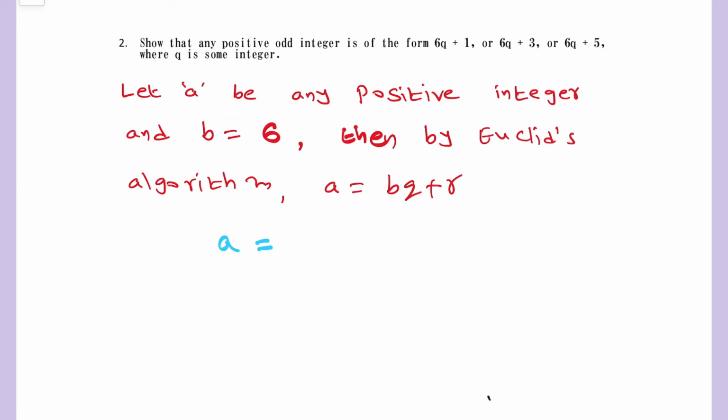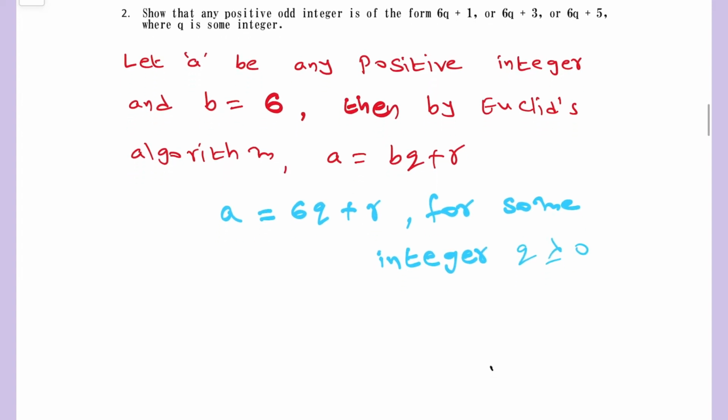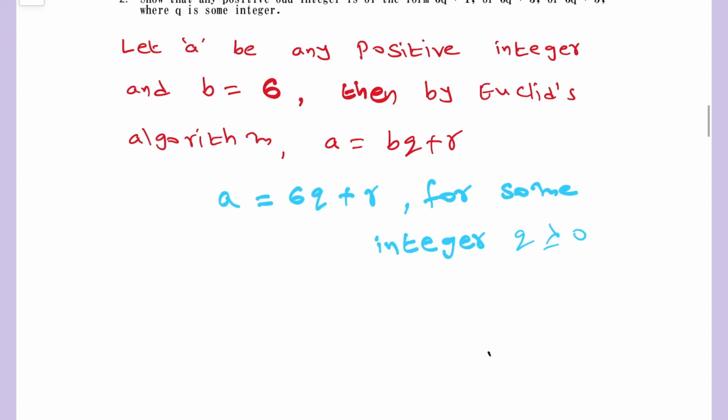So I am replacing b with 6, q plus remainder as it is, for some integer q that is greater than or equal to 0. And now here the divisor is 6, right?